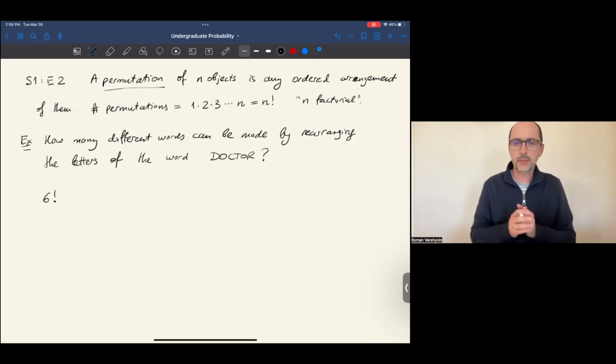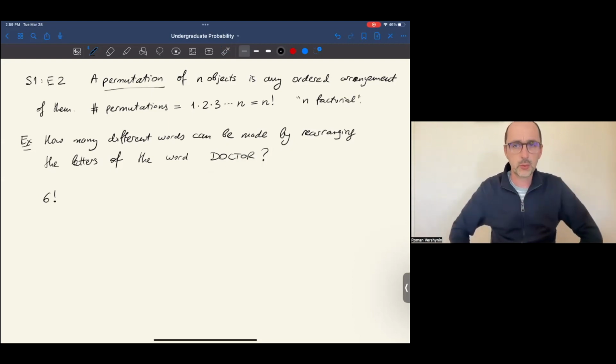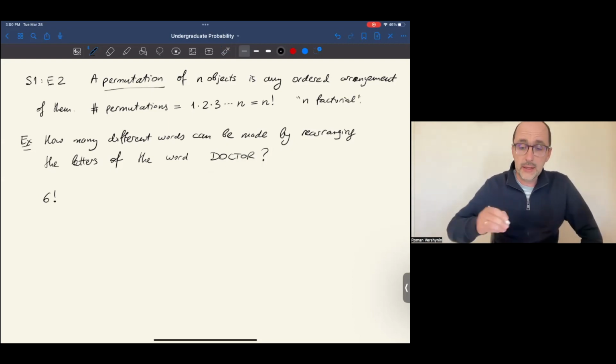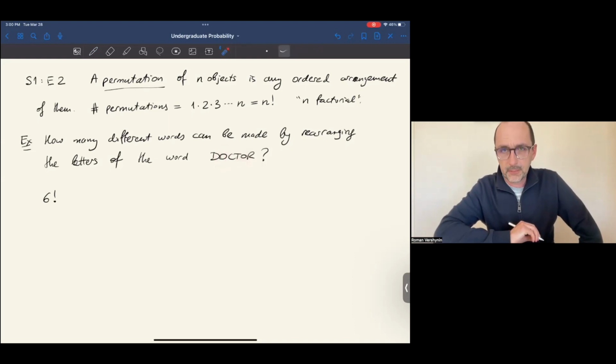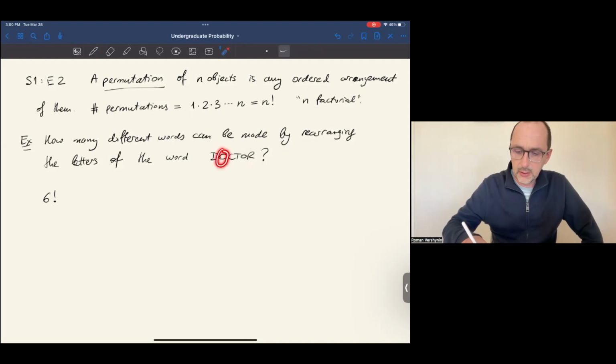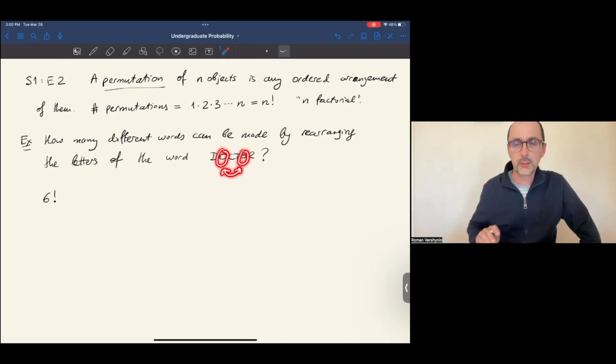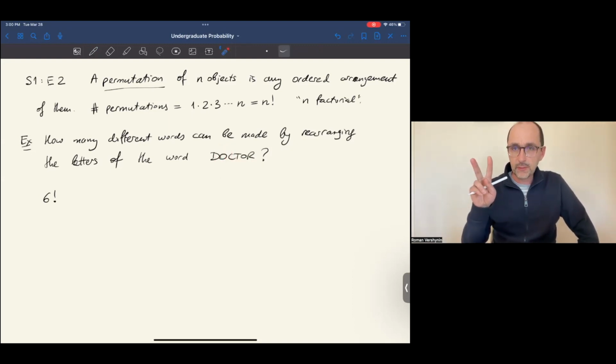Any permutation of the 6 letters leads to a different word with or without meaning. The meaning doesn't matter here. And so 6 factorial would be the answer, but that's not right. And it is not right because there are repeated letters here. The 2 letters O are the same. Imagine what happens if we flip the 2 letters O. Just flipping the 2 O's does not lead to a new word.